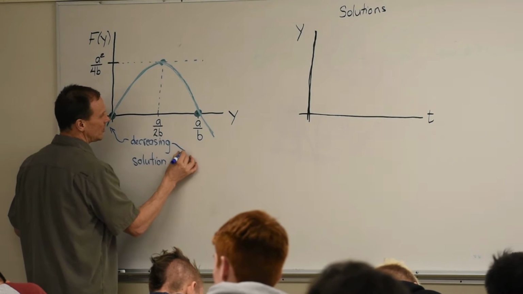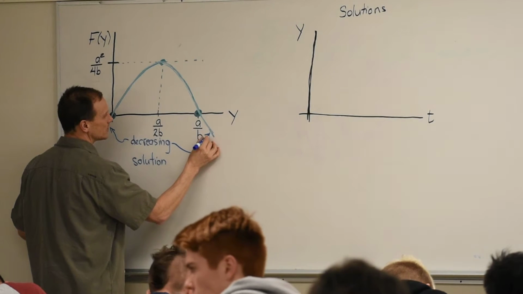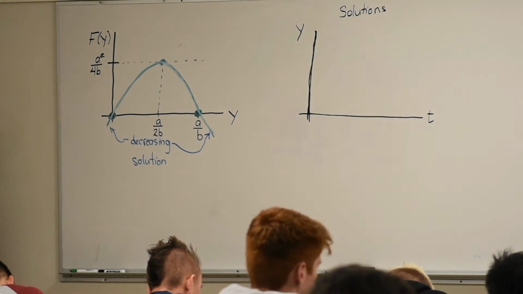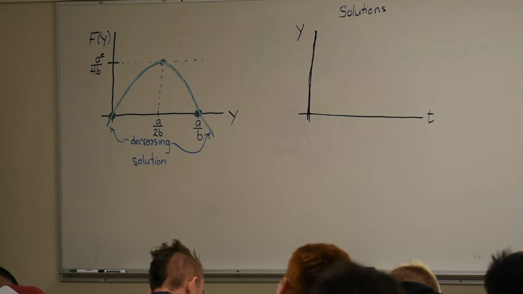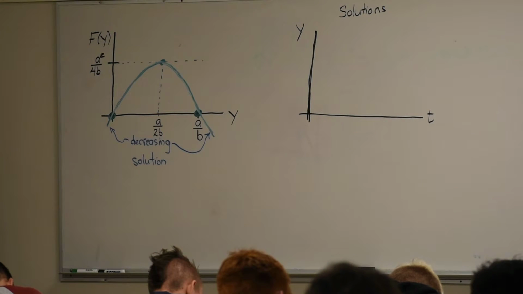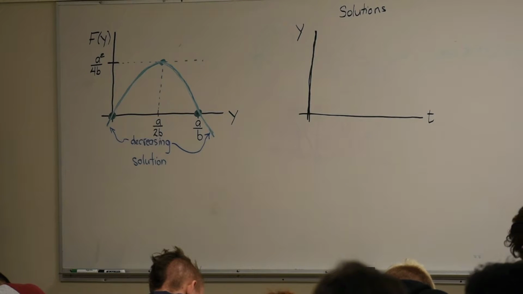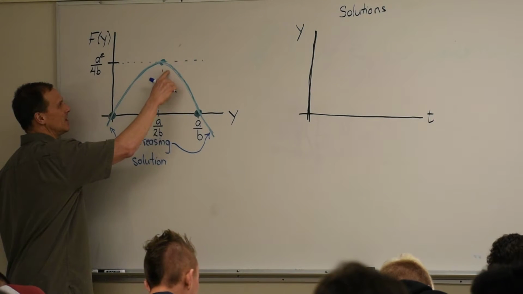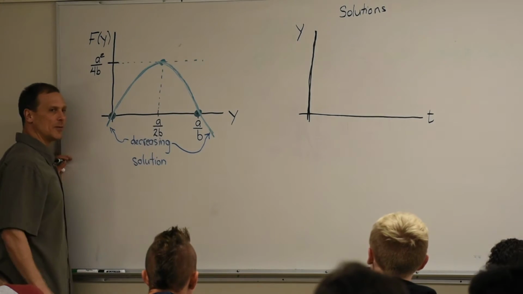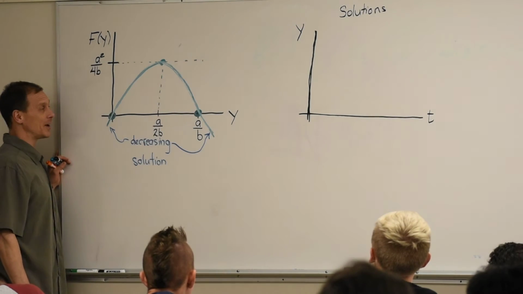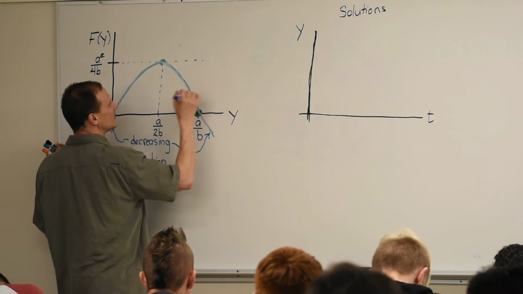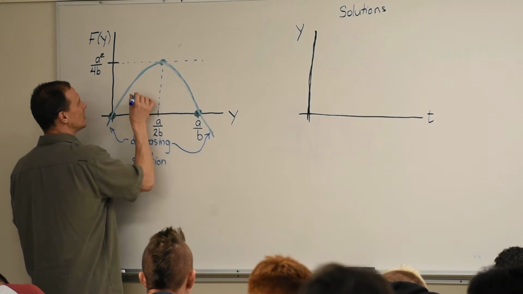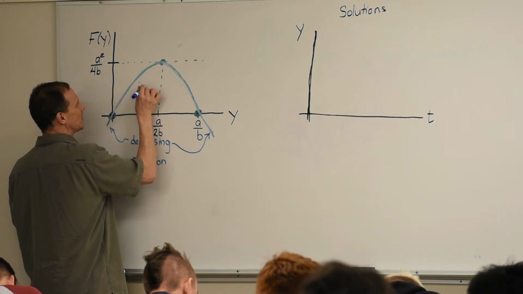And that's also the same out here. Wait a minute. So what is all of this between my zeros tell me? I'm going to have an increasing solution in this entire region. I have an increasing solution.